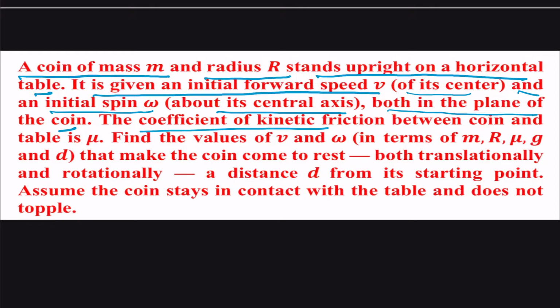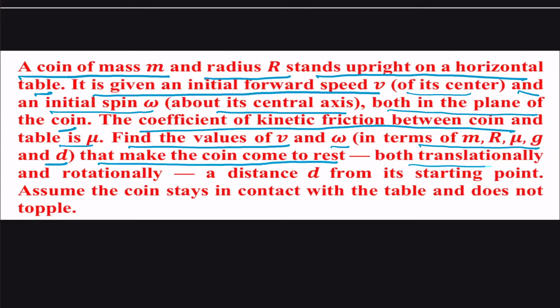The coefficient of kinetic friction between the coin and the table is mu. Find the values of v and omega in terms of m, r, mu, g and d that make the coin come to rest, both translationally and rotationally, a distance d from its starting point. Assume that the coin stays in contact with the table and does not topple.